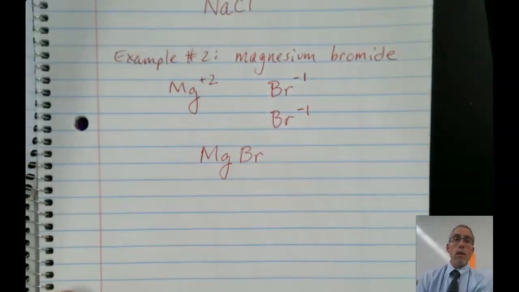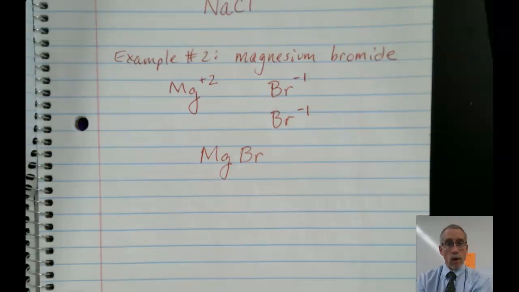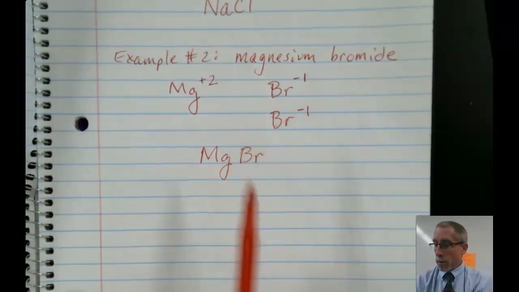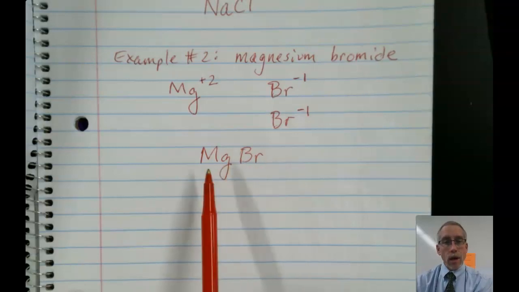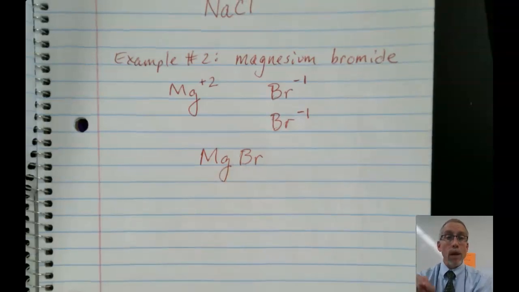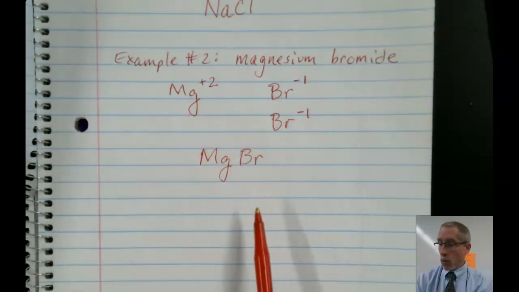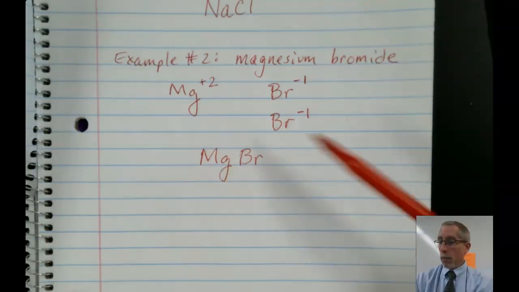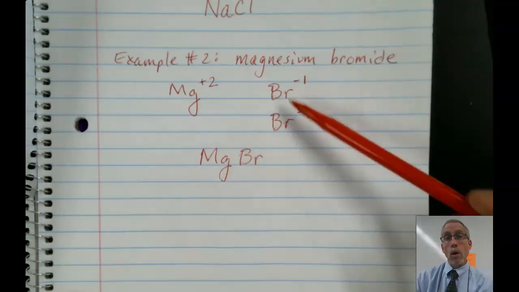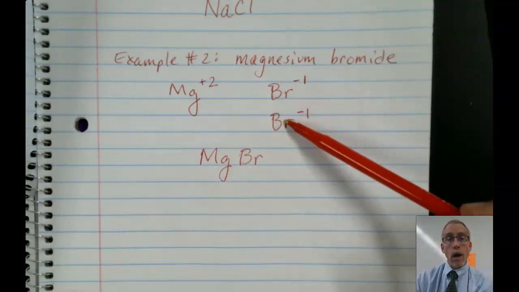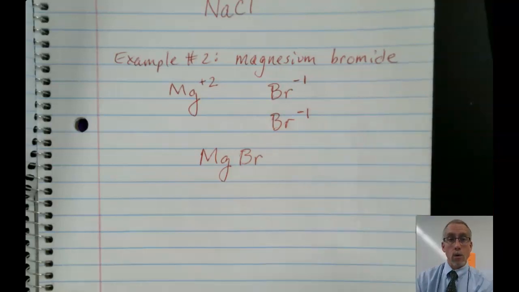So a subscript, sub means below, and script means to write. Okay, so what we do is we write little numbers right after each ion if and only if we have more than one of those ions. So we only have one magnesium, so we don't need to write anything for it. But because I had to write 2 of the bromide ion symbols, I want to show in my formula that I need 2 of those.